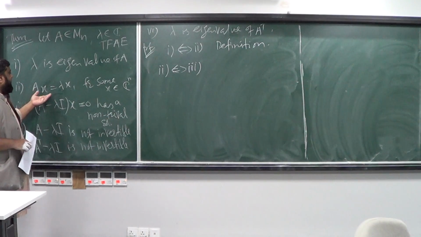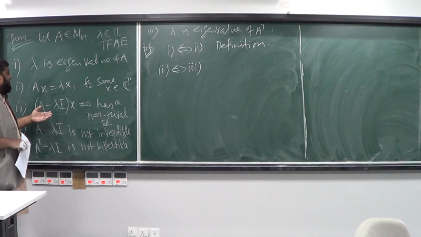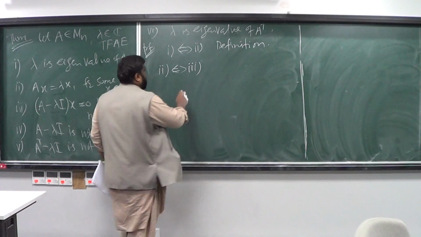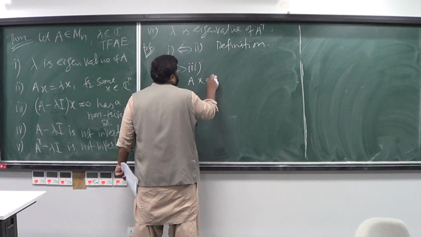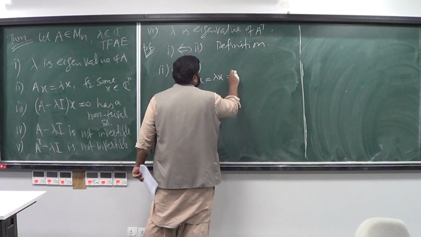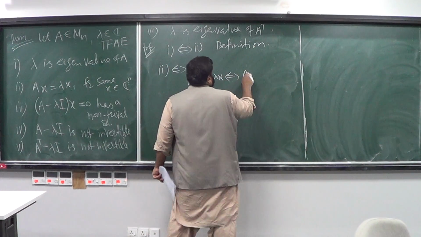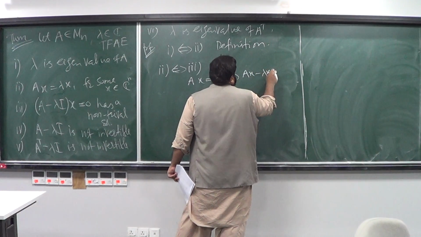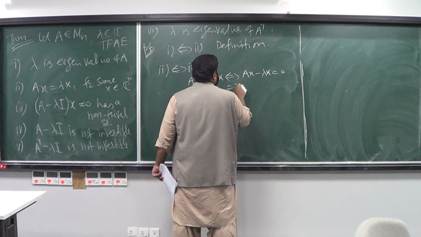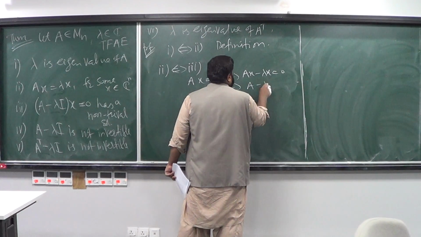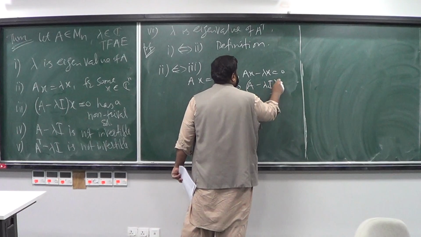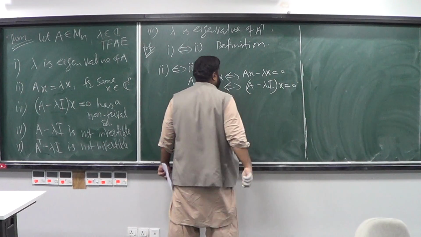When I'm saying that Ax is equal to lambda x, this is true if and only if Ax minus lambda x is 0, if and only if A minus lambda I operated onto x is 0.